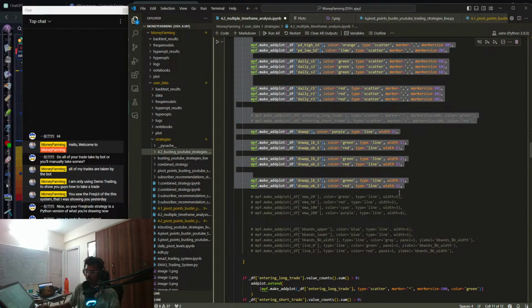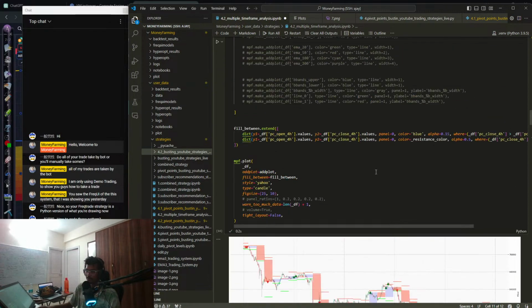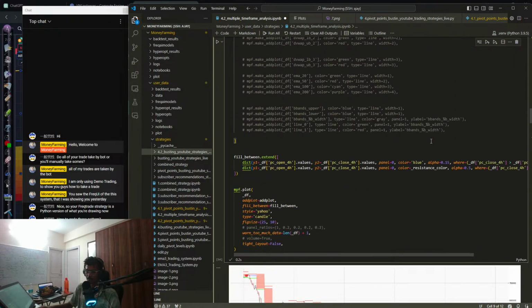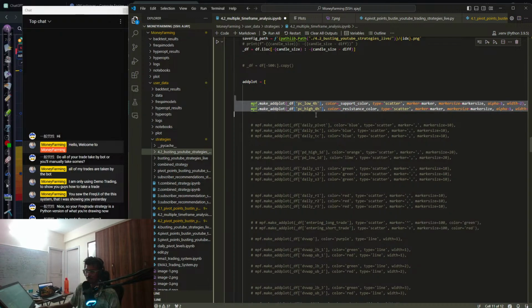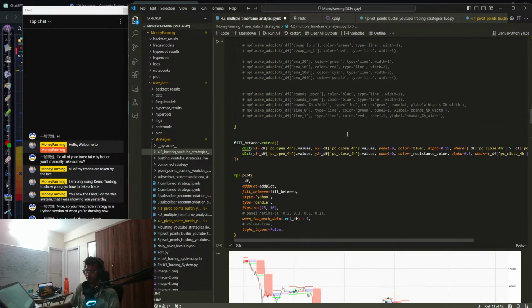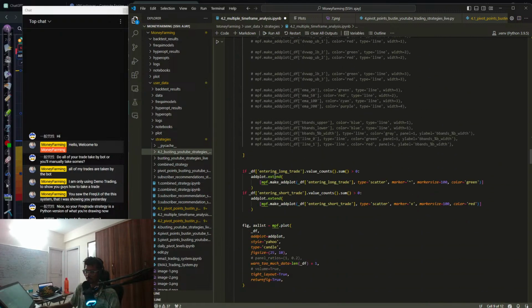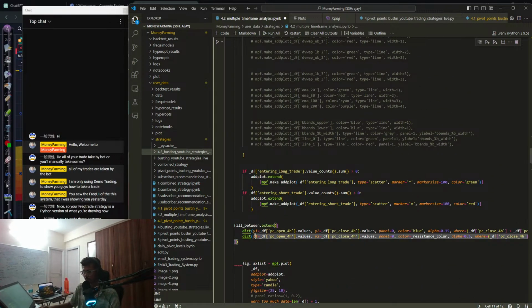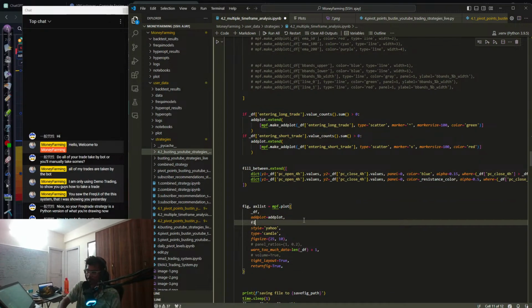You know what, I'm gonna show you how to do confluence with daily pivot levels as well here. So yeah, it will be a complete strategy then. Fill between, add plot.